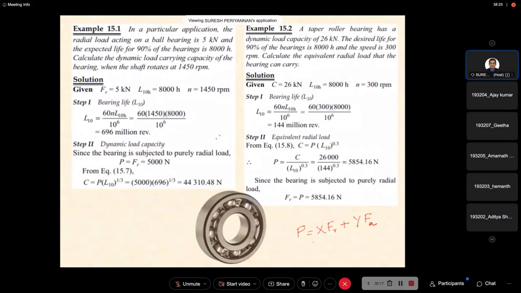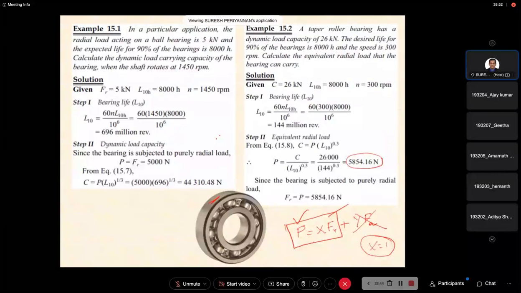Here there is only radial load, so this is neglected. Finally P is equal to X into FR. Now X is assumed to be 1, because the outer ring is fixed, the outer race is fixed. From this relation we have found P. Once we have found P, P is nothing but the radial load of the bearing.